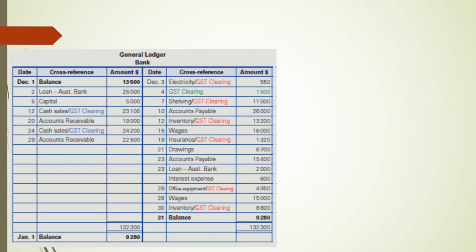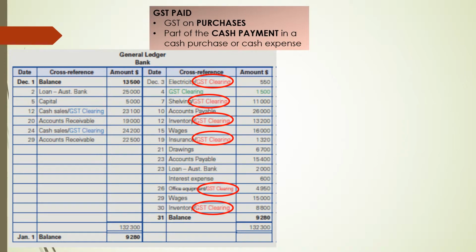Next, we need to do the same thing for the cash payments. Basically, the GST that is attached to the cash payments would be called GST paid because they are the GST on purchases and they form part of the cash payment in a cash purchase or cash expense.